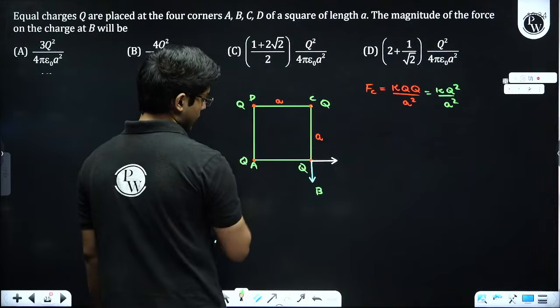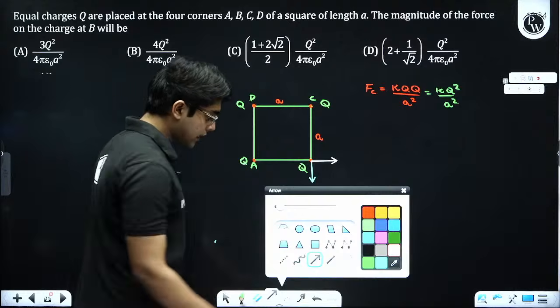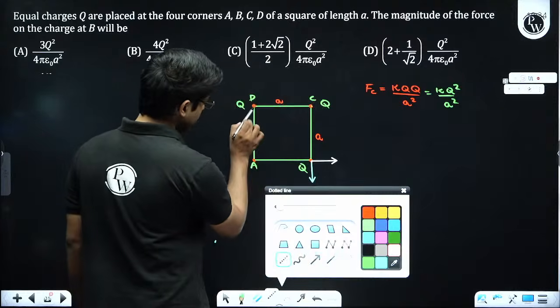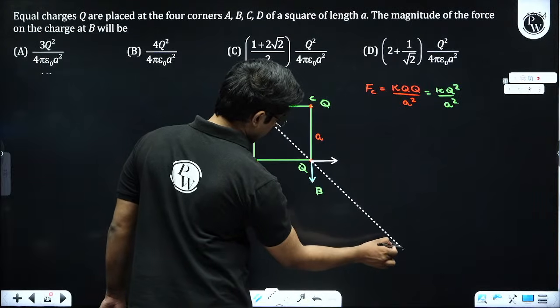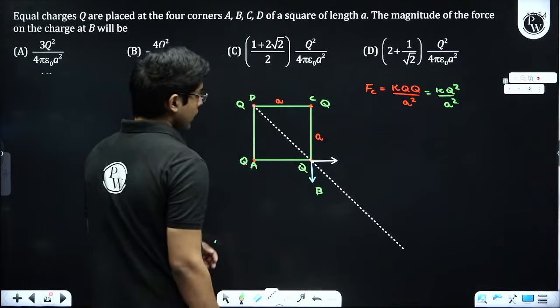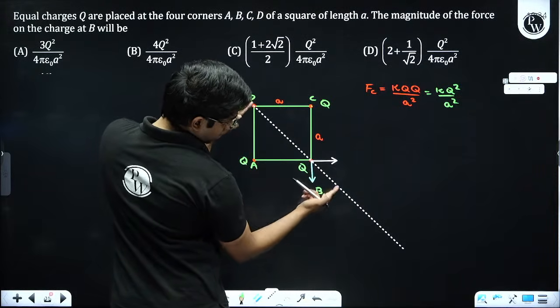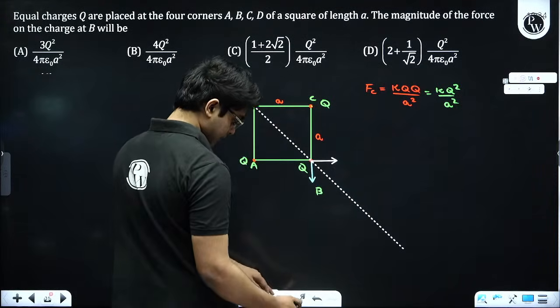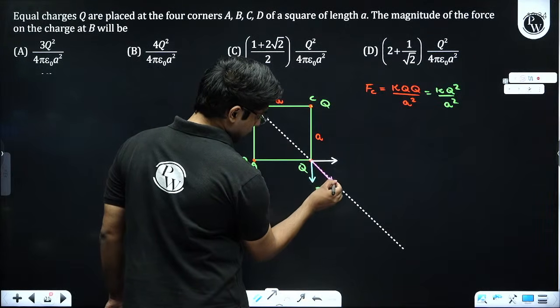Now only this guy is left, D. First you have to connect D and Q with each other. Okay, let me connect it this way. D will repel this Q in this direction along this dotted line.